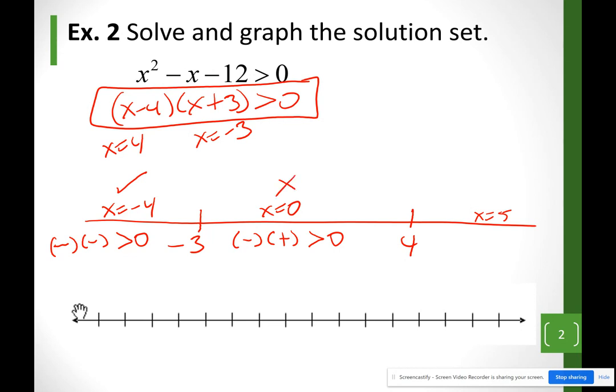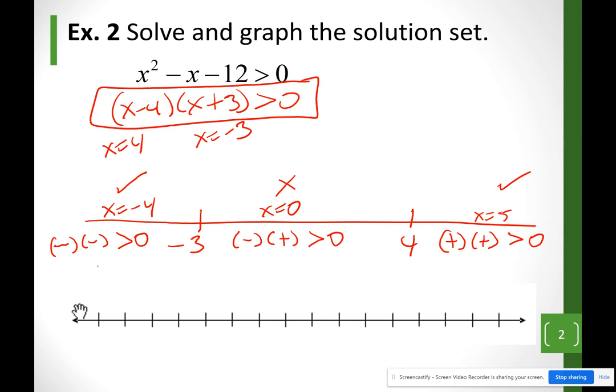Nope. All right, so now we're going to try x equals 5, right? So looking at the first parentheses, x minus 4. So 5 minus 4, I'm just interested in the sign. 5 plus 3, I'm just interested in the sign. Is positive times a positive more than 0? Yeah, that's true.